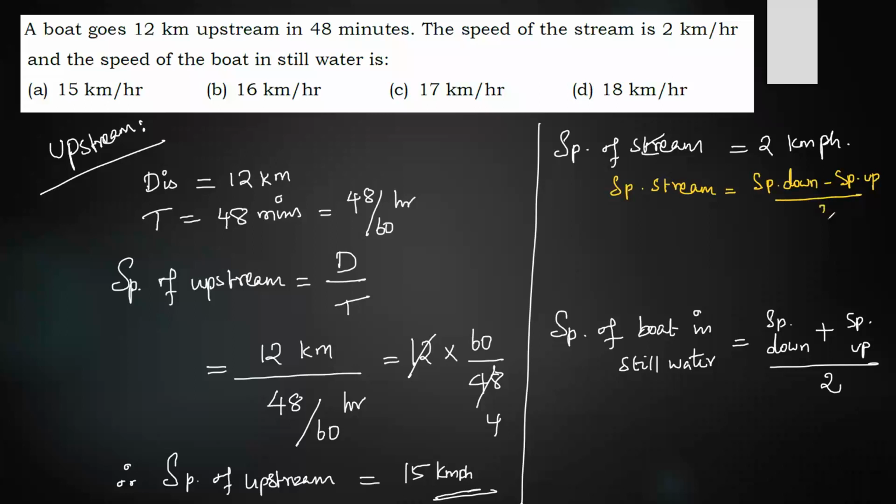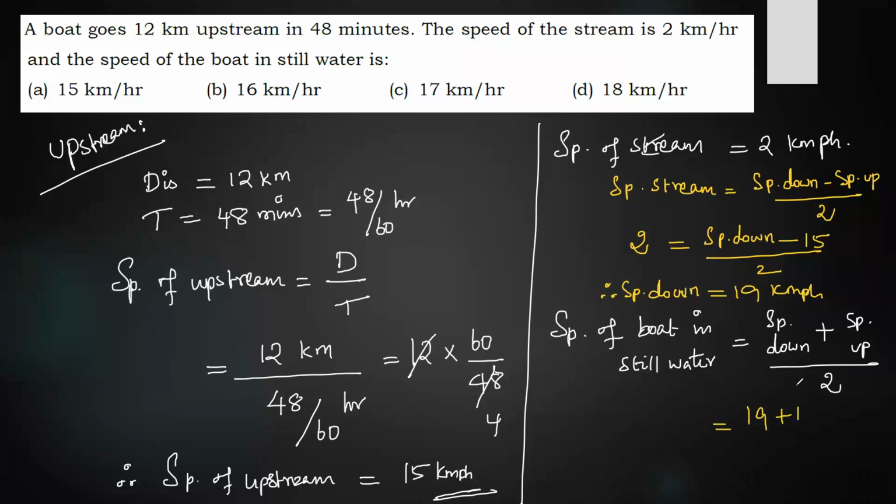Shall we find it from the speed of the stream? Listen carefully. We know the speed of the stream is 2, right? The speed of stream formula is (speed of down minus speed of up) divided by 2. So the speed of stream is 2, speed of down is unknown, speed of up is 15, divided by 2.